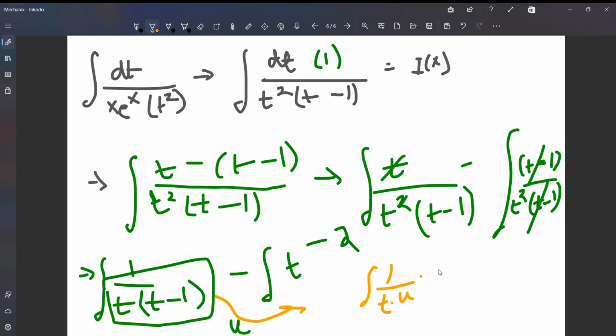So du. And if t minus 1 is u, t is u plus 1. So integral u square plus u. You can similarly use the technique I've shown above and get the answer quite easily.